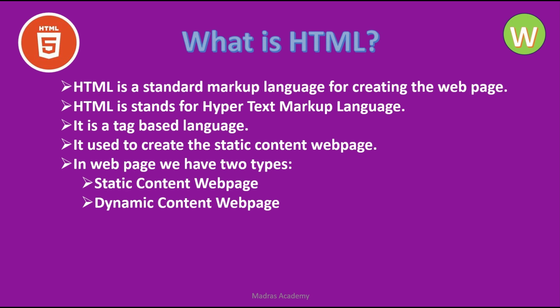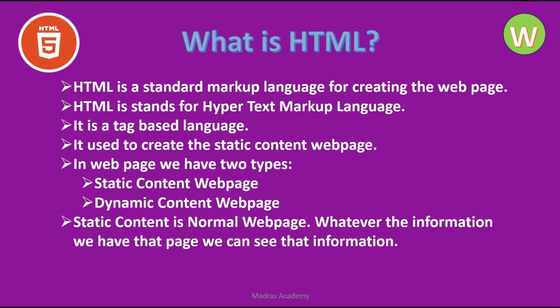First, what is a static content web page? Static content is a normal web page. Whatever information we have on that page, we are able to see. For example, a tutorial website, or the Google search engine. If you pass the request, it immediately displays the response.